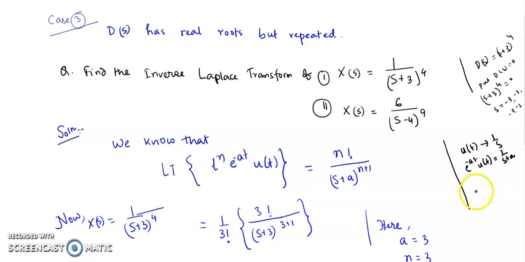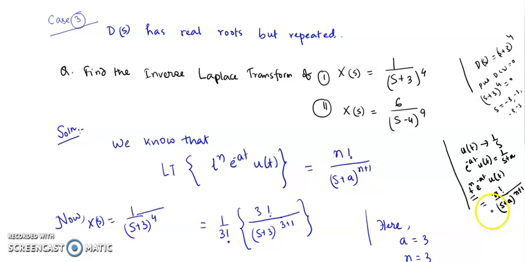Then if this function is multiplied by t^n, you are already getting (s+a), and the power will become (s+a)^(n+1), and in the numerator you have to write the factorial of n.